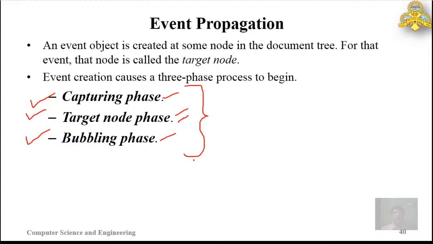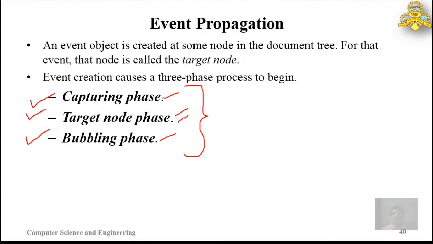Now whenever an event occurs, where the event occurs will be the target node. That means when I click on a button, that becomes the target node, and the propagation of the event handler goes from root node to target node, and target node to root node.